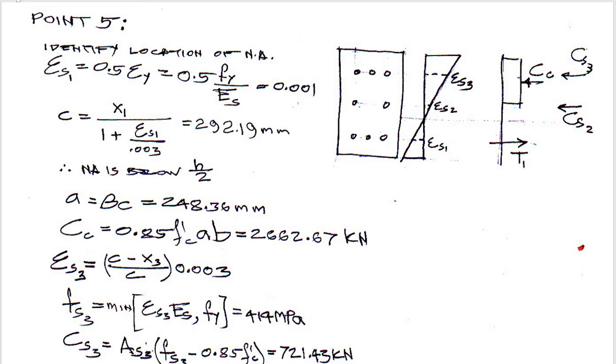And then, always check location of your neutral axis. Ito. So it is below h over 2. You simply check if small c is greater than h over 2, then it is below. Lahat ng forces sa taas ng neutral axis is compression.